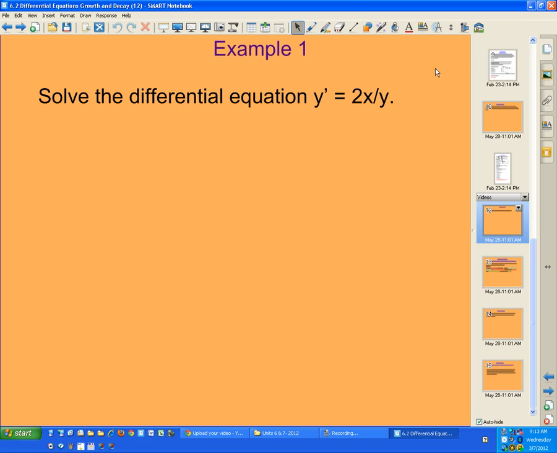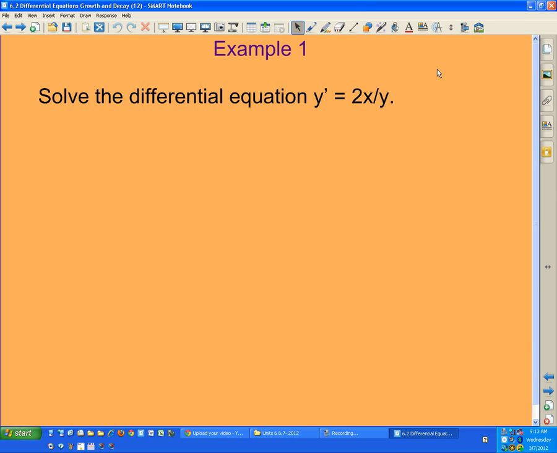And so our first example, we kind of just need to talk about what's happening here. They gave me this differential equation and we're solving it. So basically we're trying to find the solution. We are given the rate of change, which is dy over dx equals 2x over y.